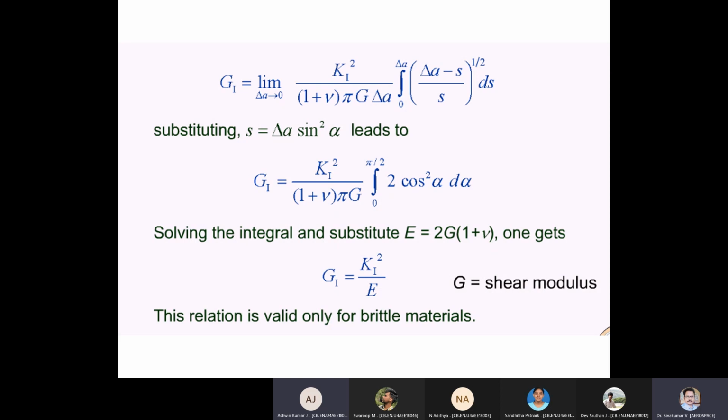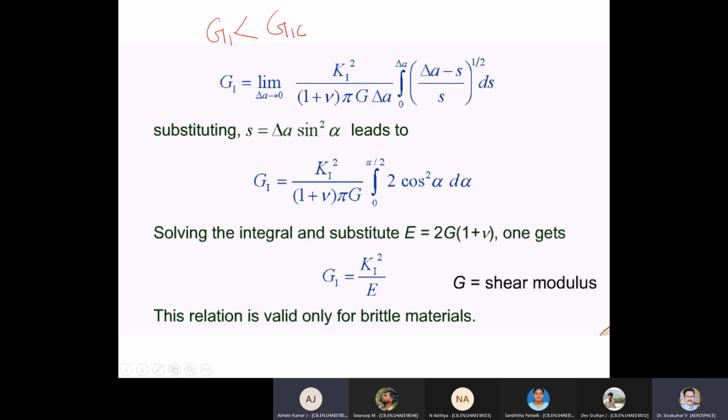In the energy release rate approach, when you deal with energy, it is very difficult to say what the design process is. It is a very simple mechanism: my G1 should be less than G1C.